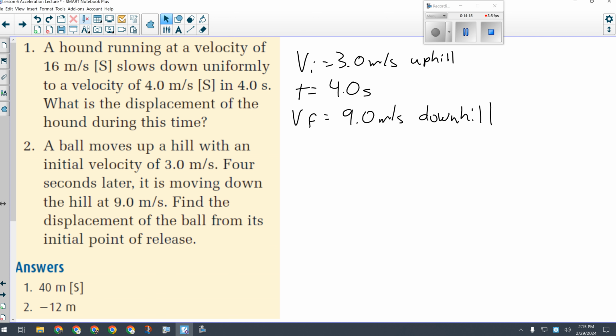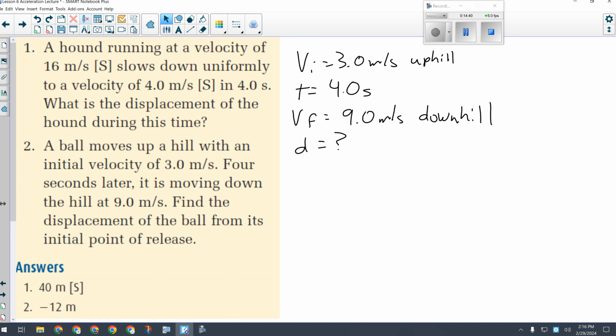Okay, what's the displacement? So once again, I don't have to manipulate, but before I get started doing the math, what should I know already about the displacement of this object? Which way is it going to be? Uphill or downhill? Downhill. It was only moving up the hill at 3 meters per second.